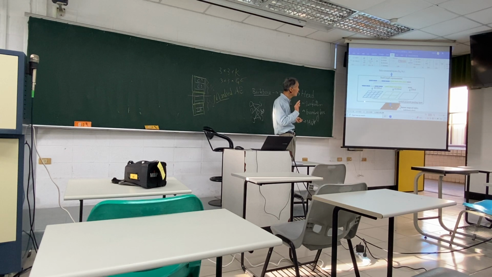Then for each grid, you take the maximum pooling. Everyone follow me? So it converts into one dimension. For this one you will have 16, but the depth is 256, so you have 16 by 256.